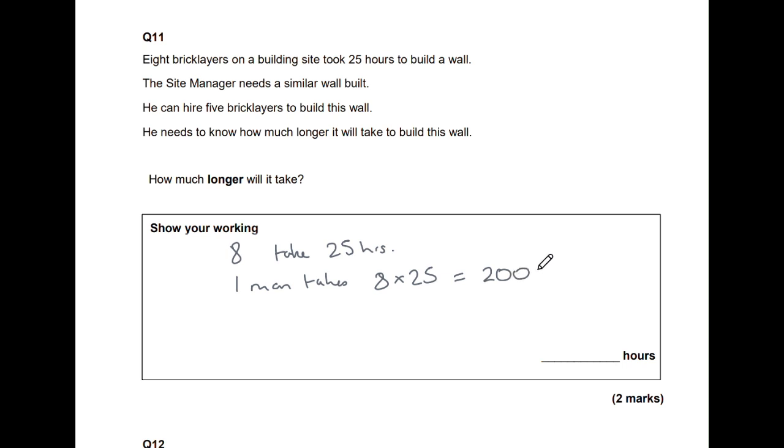We're going to take 200 hours for one man. Okay, but he's going to use 5 men. So we're going to divide. It will take 200 hours for one man, but it's going to take 5 times less for 5 men, isn't it? So we're going to do 200 divided by 5, which is 40 hours.